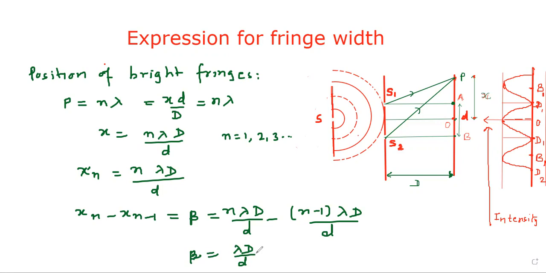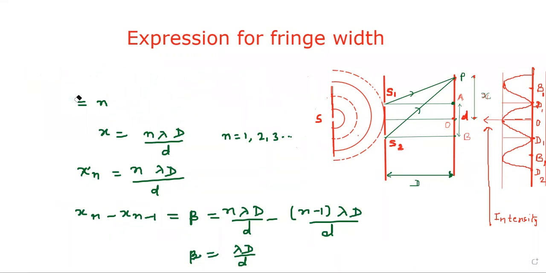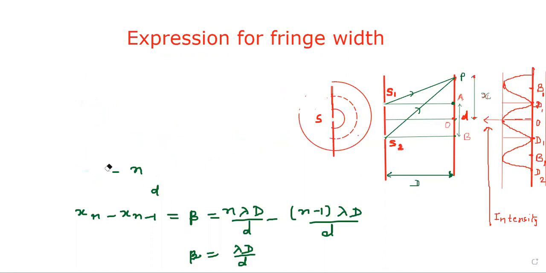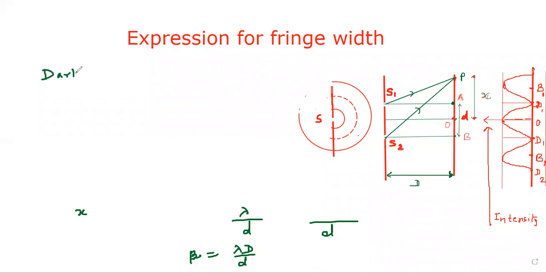Now we consider the same thing for dark fringes. So for dark fringes, the path difference P, which we have got as xd divided by capital D, must be equal to (2n minus 1) into lambda by 2.